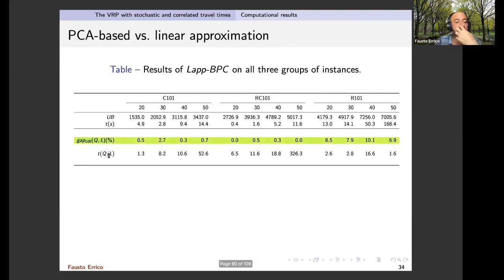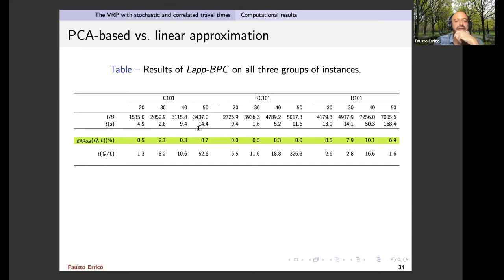Basically, when it is positive, it means that the solution of the quadratic was better than the solution of the linear. So what you observe is that sometimes the linear makes a good job.